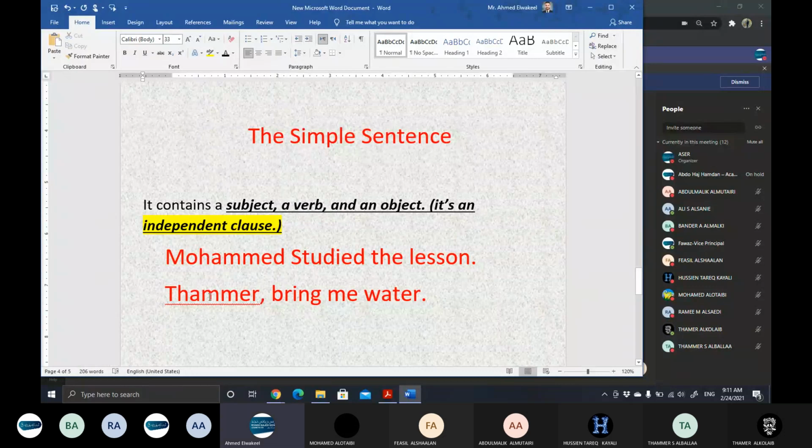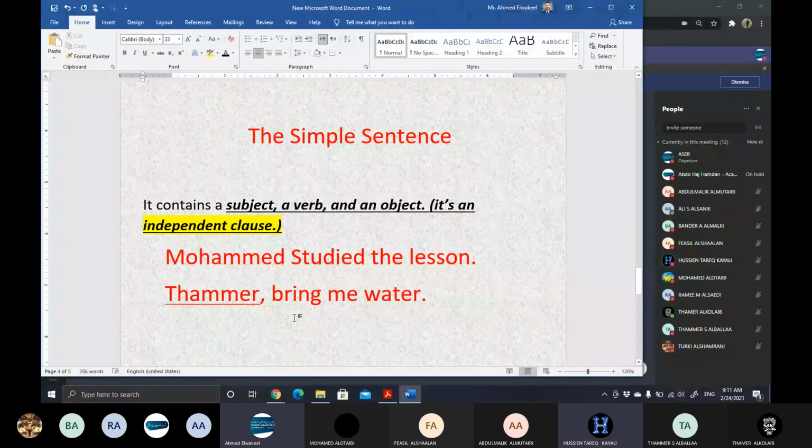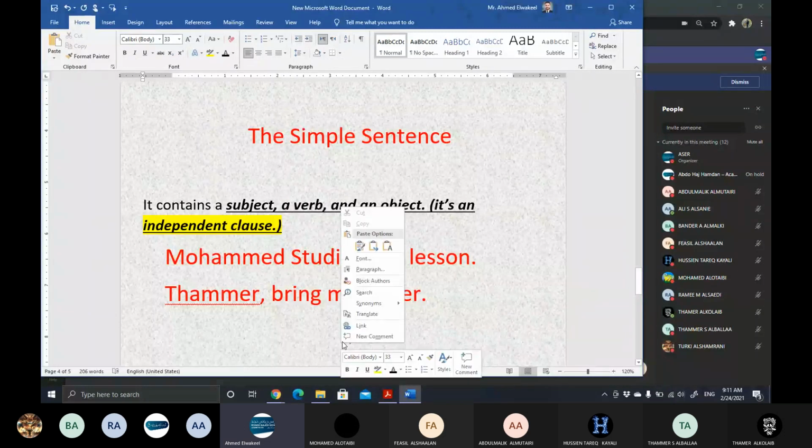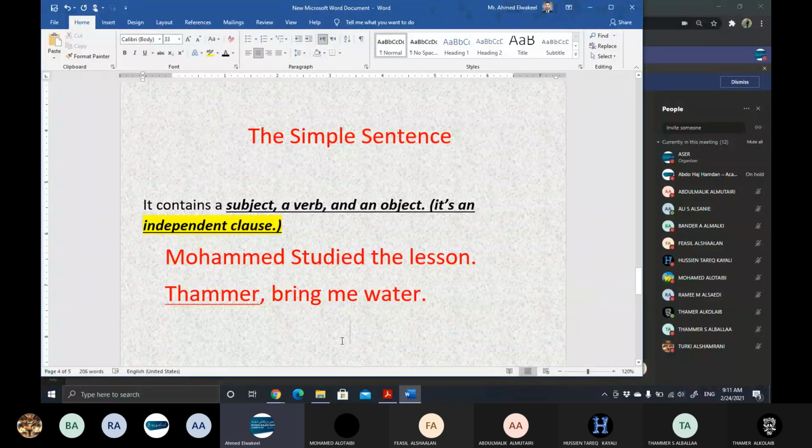Thamer, bring me water. So, here, what is the subject? The subject is you. Excellent. So the subject here is a hidden subject, instead of you. Thamer, you bring me water.